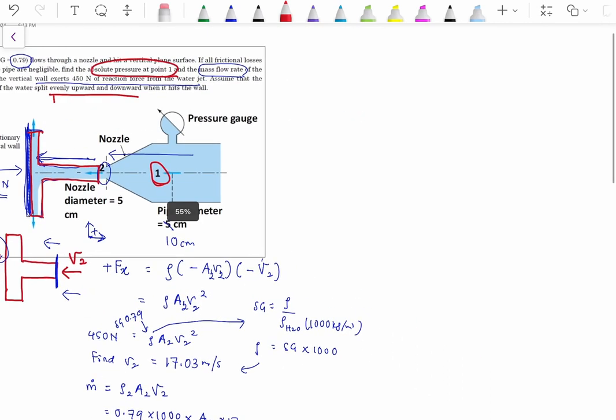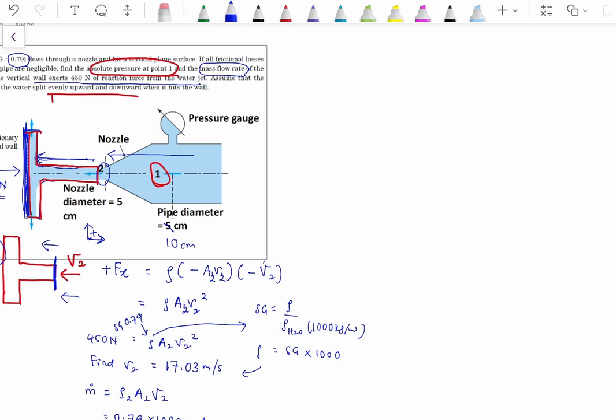So the next thing that you have to do is build the Bernoulli equation between 1 and 2. So you have P1 over gamma plus V1 square over 2g plus Z1 equal to P2 over gamma plus V2 square over 2g plus Z2 plus HL.